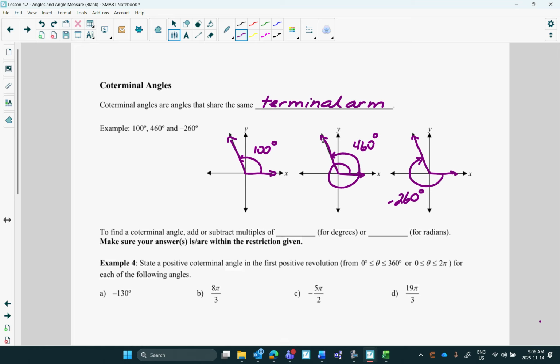So like I could have done 100 plus 360 to get this. I could have gone around again plus 360 to get 820 degrees. I could have done 100 degrees minus 360, which is negative 260, minus another 360, minus another 360. There's infinite coterminal angles to any angle. So if it's in degrees, keep adding or subtracting 360 degrees. If it's in radians, keep adding or subtracting 2 pi.